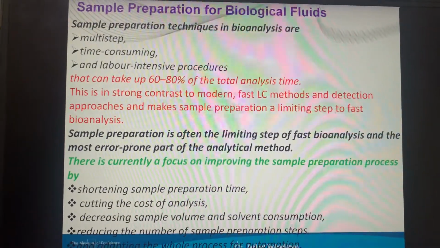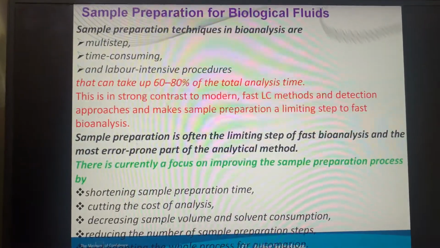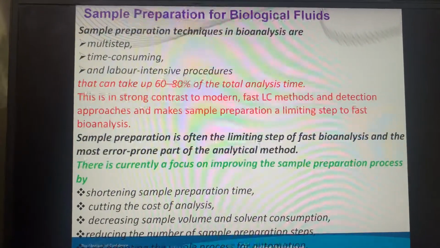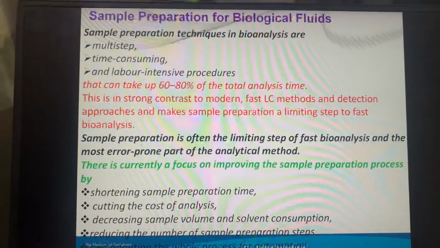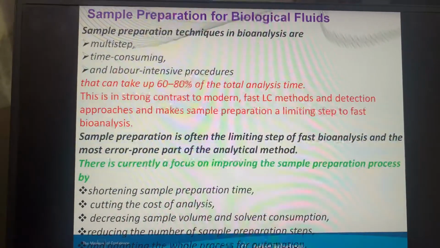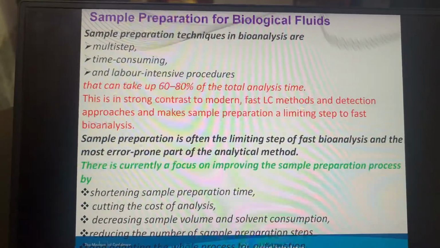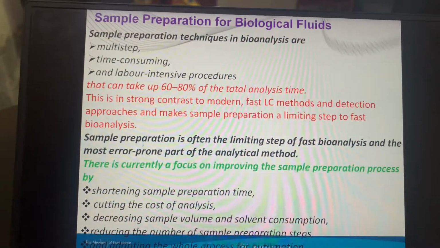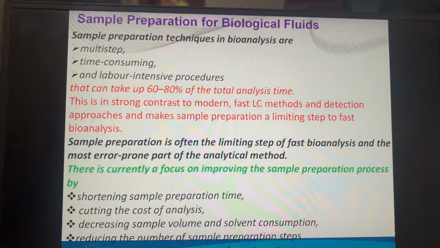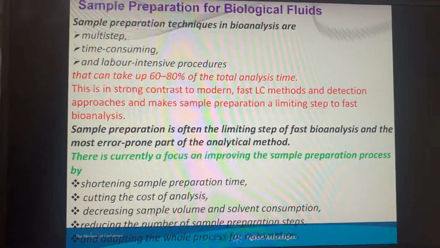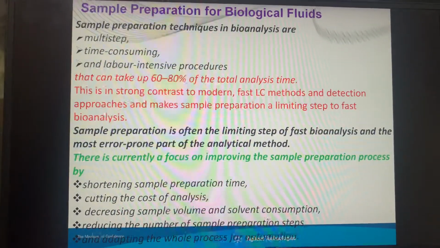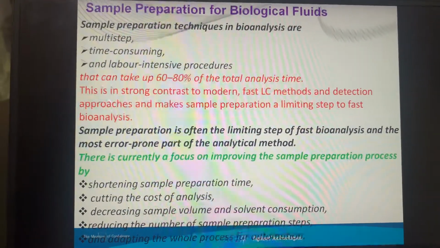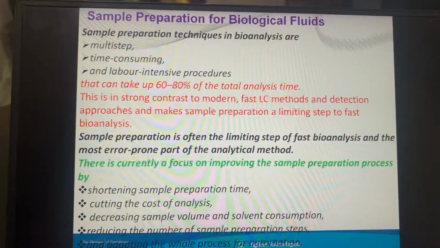Most error-prone part means maximum chances of making any mistake, of adding an improper buffer, improper solvent, improper pH, or introducing contamination during the preparation, which can really damage the nature of your analyte.